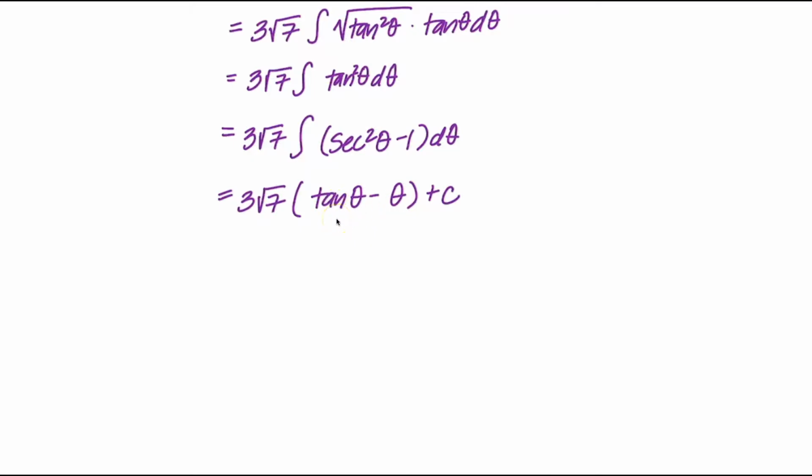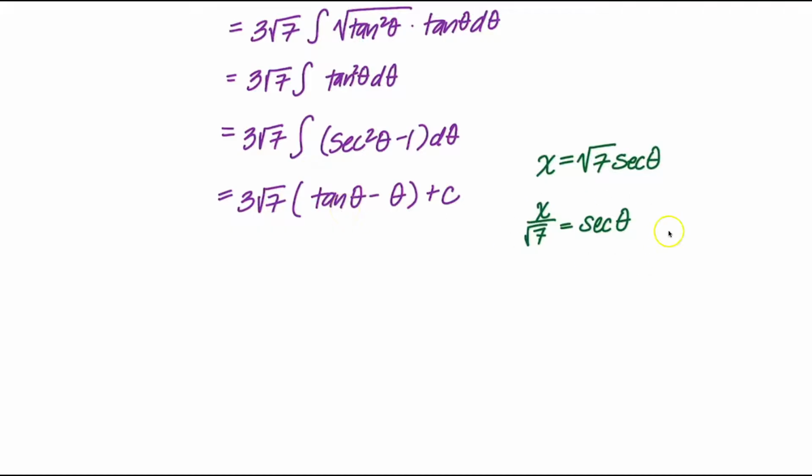So let's remember that our original substitution was x equals the square root of 7 secant theta. So x over radical 7 is equal to secant theta. Now for this one, tangent theta is opposite over adjacent.